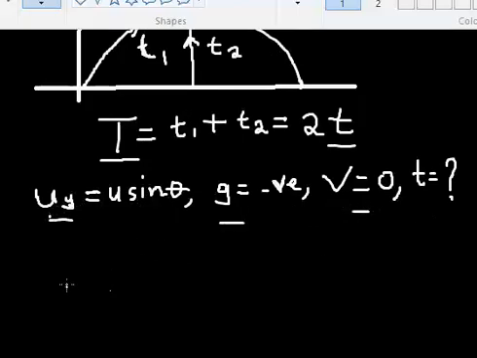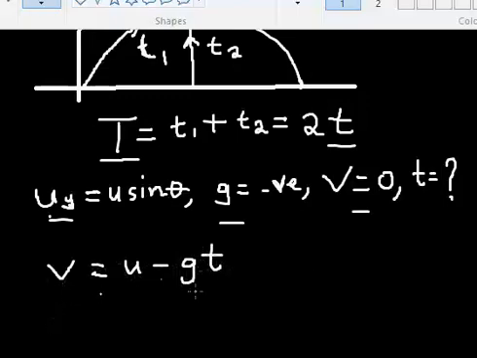The equation of motion under gravity that goes for these four parameters is the very first equation of motion under gravity, and I believe you should remember that equation: v is equal to u minus gt.